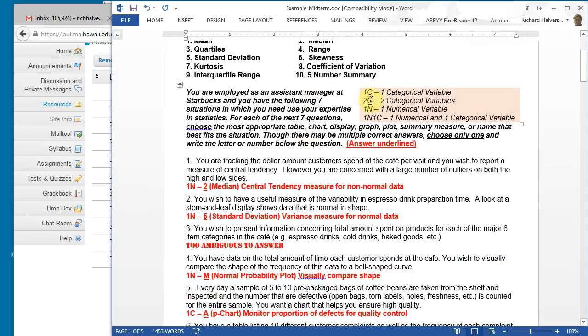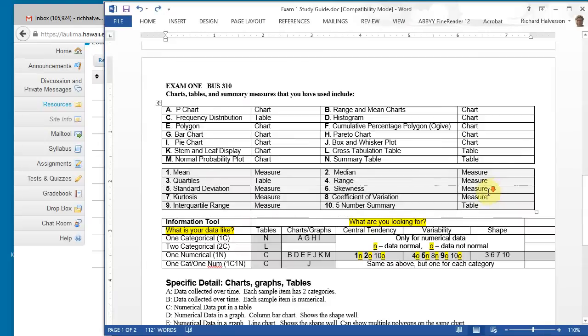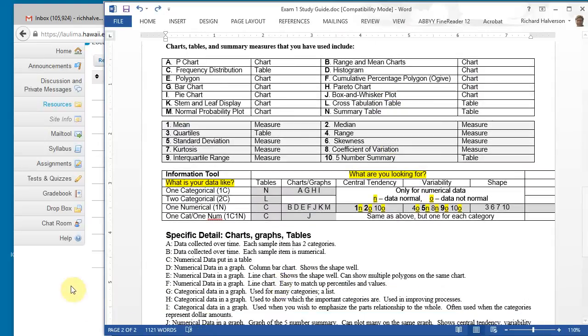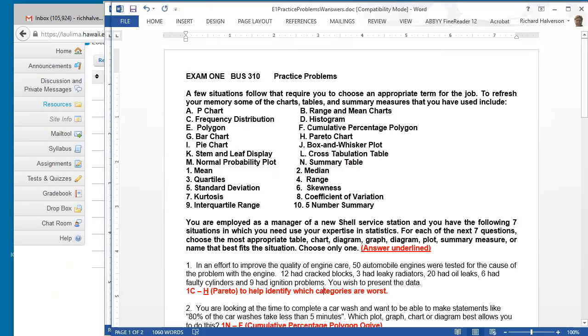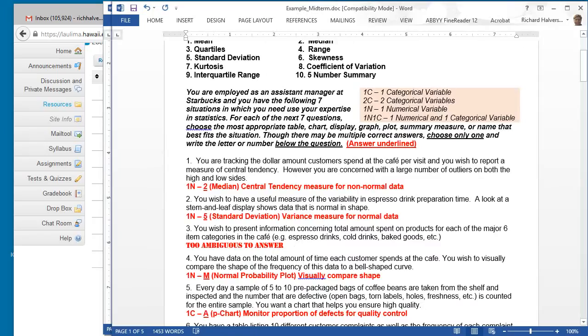And I've put here what these abbreviations mean, which are actually from the study guide here. Okay, here we are. The actual answers themselves are underlined. So when you're taking the exam, you actually only need to put the number or the letter. But I've made it more clear.